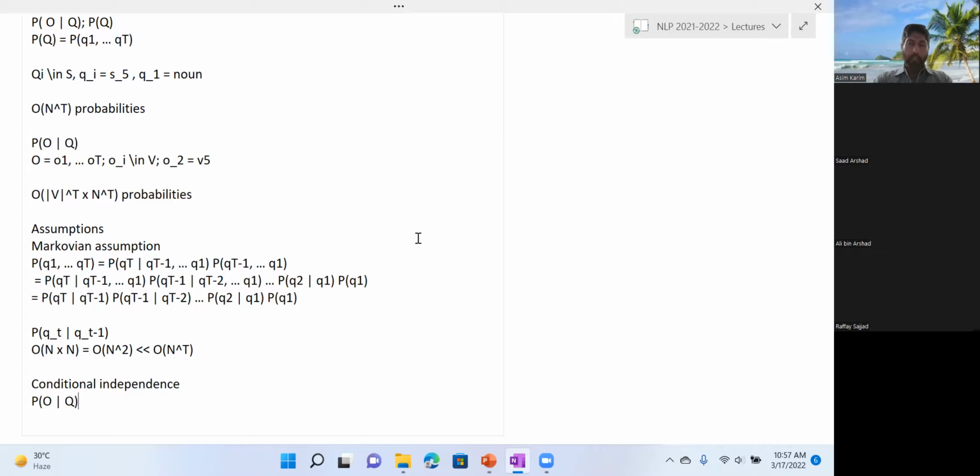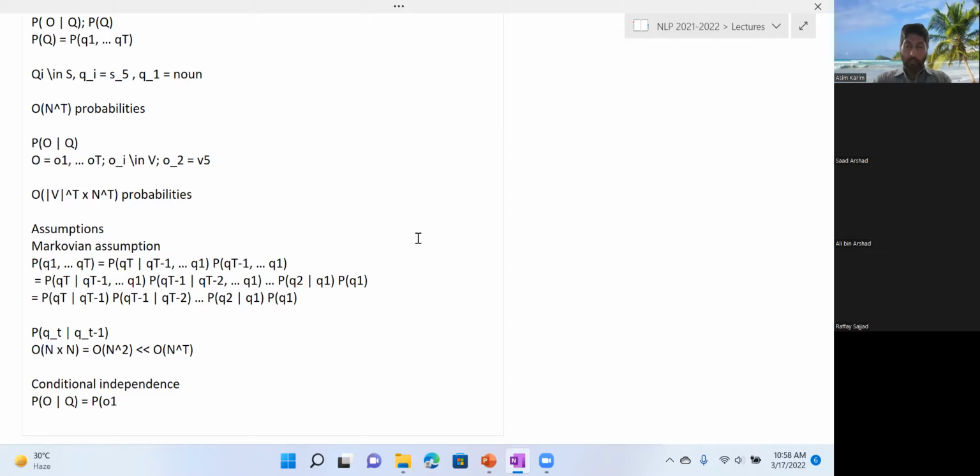So we simplify this. So each of those O1, O2, O3, OT is considered to be independent of the others given the current label. Again, in this assumption, there is conditional independence as well as the Markovian assumption, the current label only.